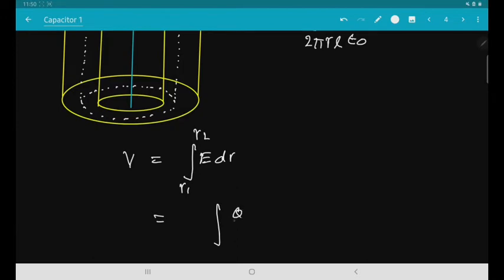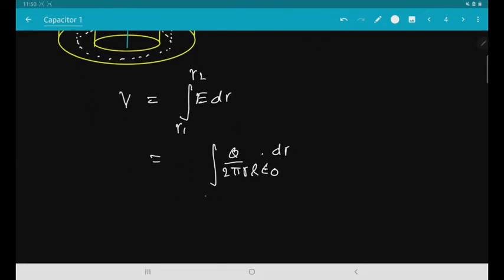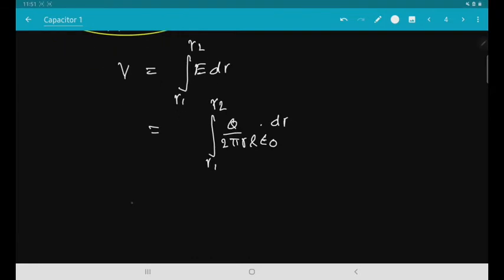We have q by 2πrLε₀ into dr from R1 to R2. Now both are having the same directions, dr as well as E, so we can just multiply them. We will take the constants outside the integration, that is q by 2πLε₀, and inside the integration we will have dr from R1 to R2.